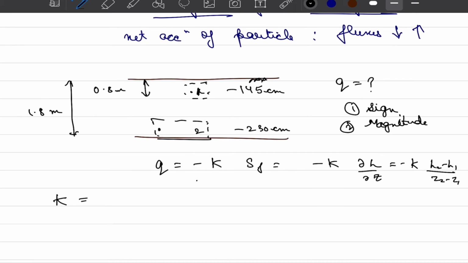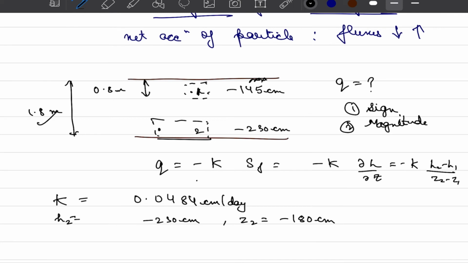So our K in this case can be taken as 0.0484 centimeter per day. This is a constant that would be generally available, and we will also discuss how it is related to the matric suction. Then H2 in this case is given as minus 230 centimeter, corresponding to Z2 of minus 180 centimeter, because this is 1.8 meter.